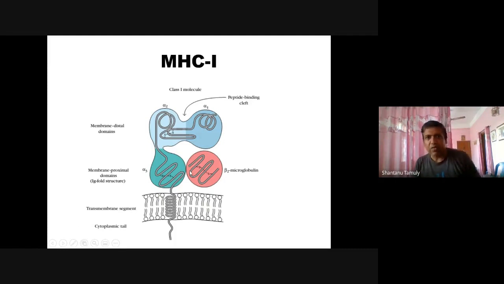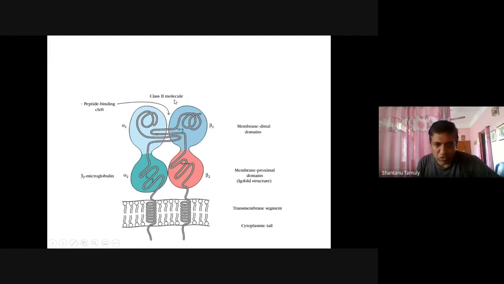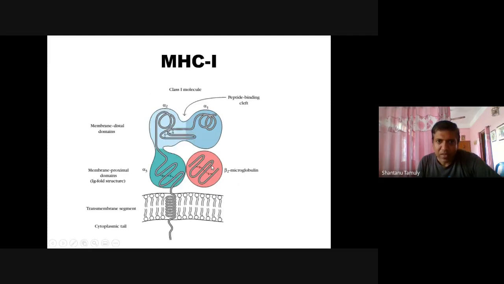Now, if we look into the MHC class 2, this is a class 2 molecule. In this case, you have alpha and beta both of equal length. These alpha and beta are two separate proteins, and then they combine to form the peptide binding cleft. But in class 1, this peptide binding cleft is made by the same protein.